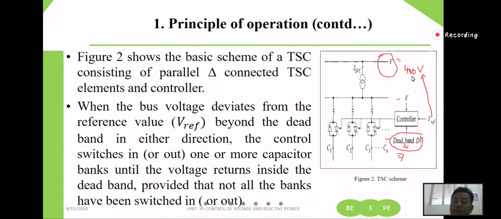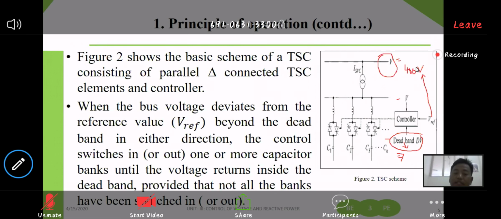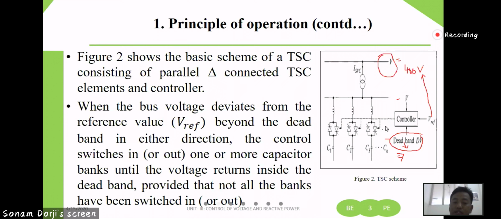Which means 400 may cross 460, or down it may come to 350 like this. So if it goes in both directions, then this controller will sense it, and then it will control the switches. Either it has to switch on this thyristor, or it has to switch off this thyristor, or capacitor bank, until the voltage returns into the dead band, provided that not all capacitors will be switched out.